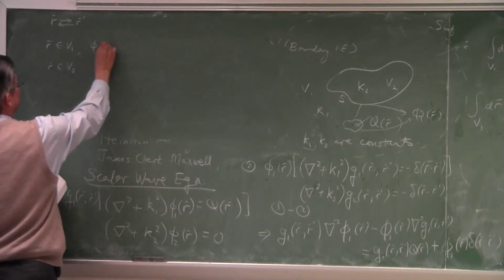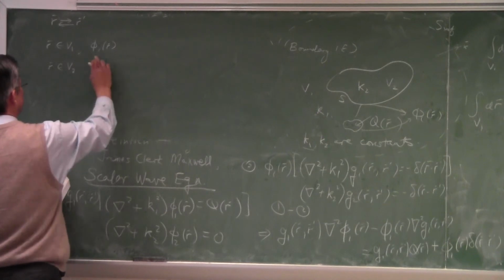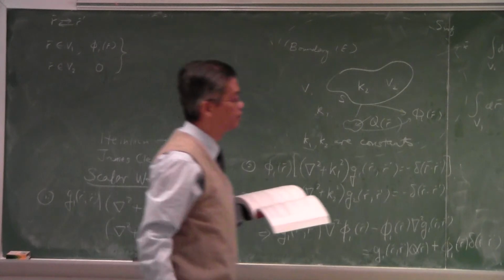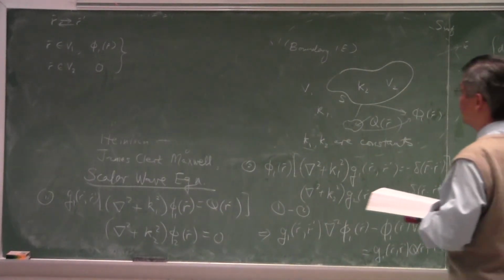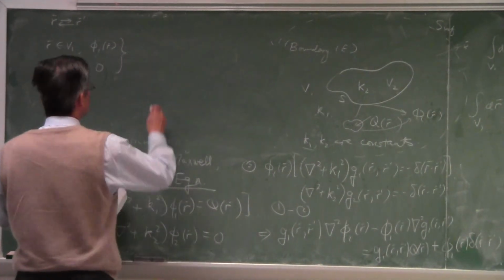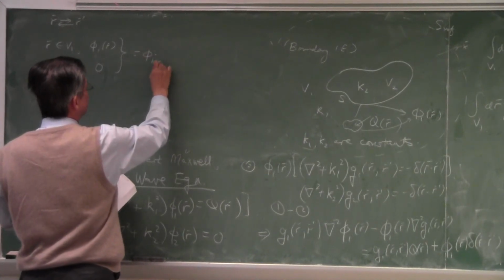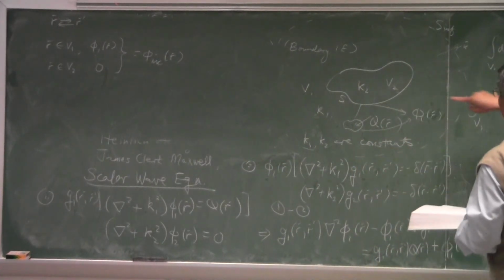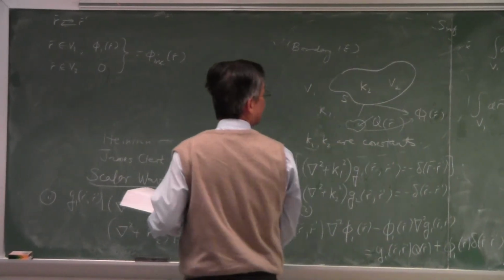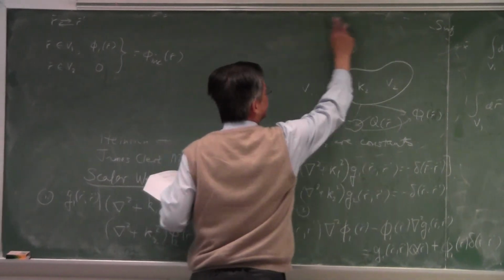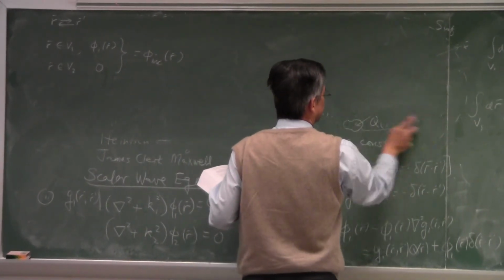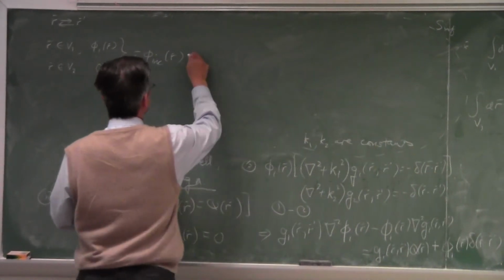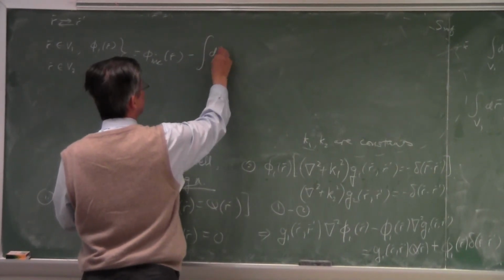You observe the field at R, if you're in region 1, which is this term over here, and it's going to be equal to the incident field. I take this term to the other side of the equation, and then I write down the surface integral term. The surface integral needs only be integrated over one surface.